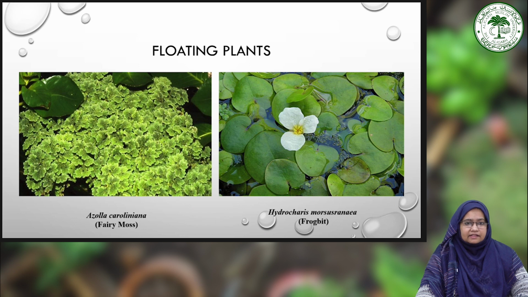Besides this, other floating plants which are also used in water gardens are duckweed, which has the botanical name Lemna, or watermeal, which has the botanical name Wolffia, and Wolffia is also the smallest angiospermic plant, and water ferns like Salvinia and water hyacinth. These are the commonly used plants on the surface of floating gardens.